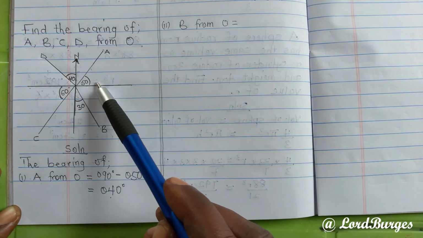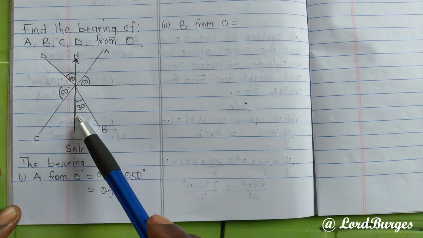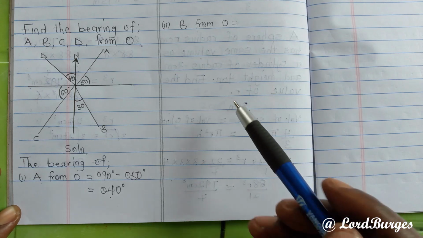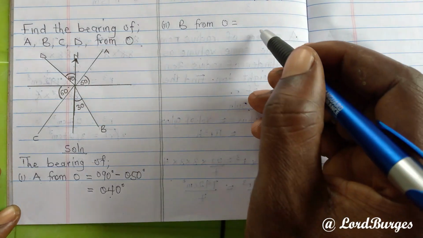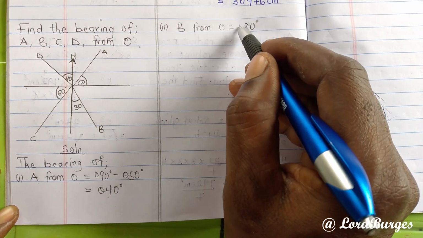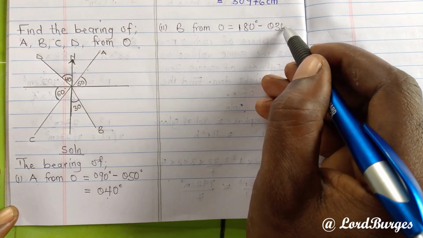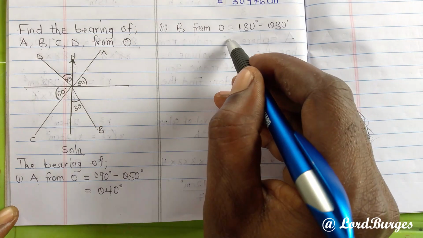So if the whole thing is 180, but we are left with 30 to reach the South Pole, the bearing of B from O becomes the whole, which is 180 degrees, minus the 30 degrees left.